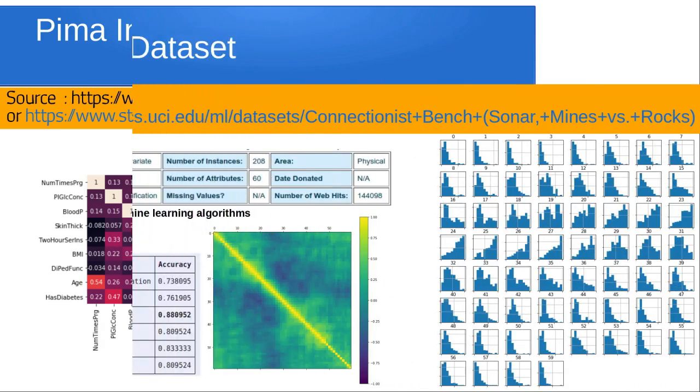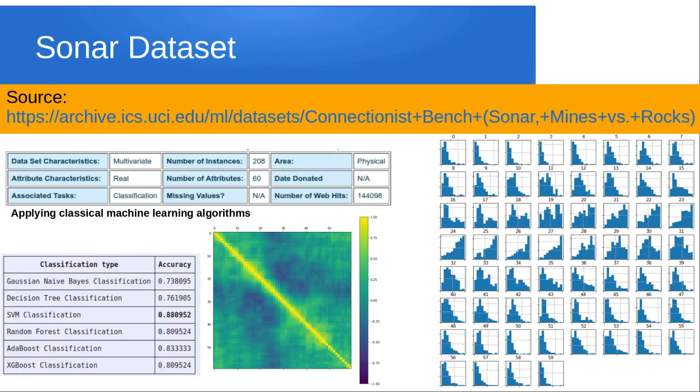Now coming to the next dataset, that is the Sonar dataset, which involves the prediction of whether or not an object is a mine or a rock given the strength of sonar returns at different angles. The dataset was contributed to the benchmark collection by Terry Sejnowski, now at the Salk Institute and University of California at San Diego.